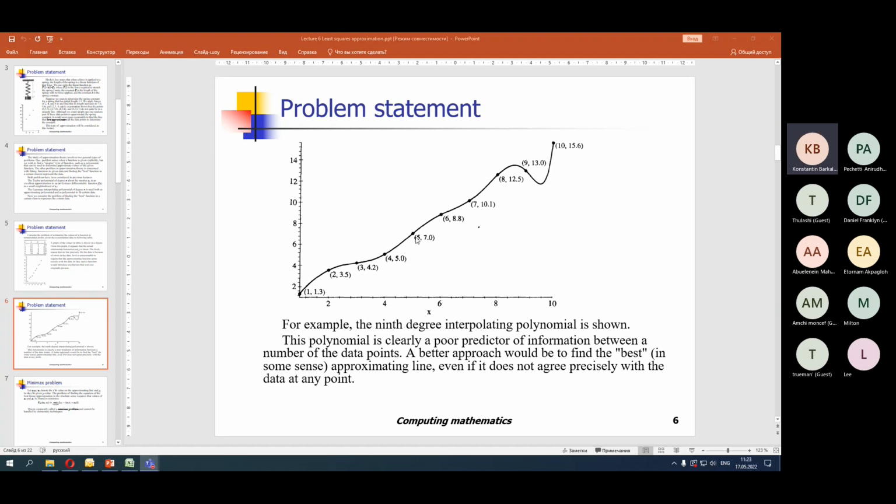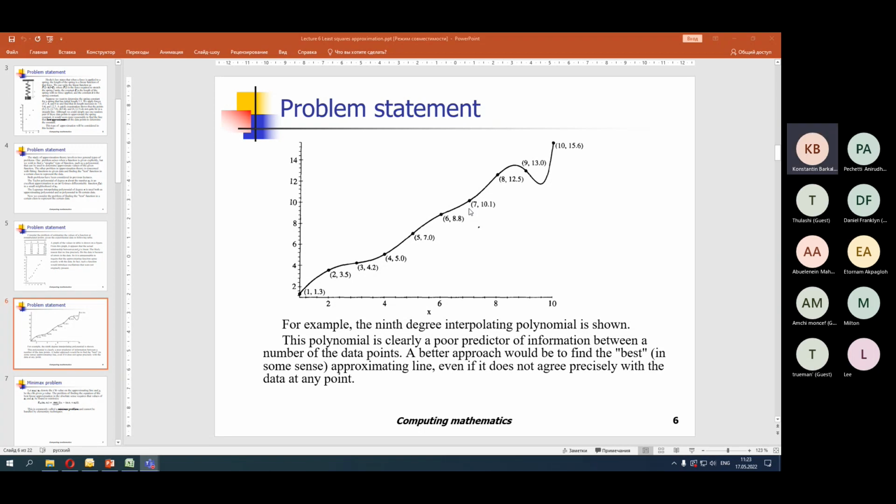So some line will be a better estimator of this data in comparison with the 9th degree polynomial.